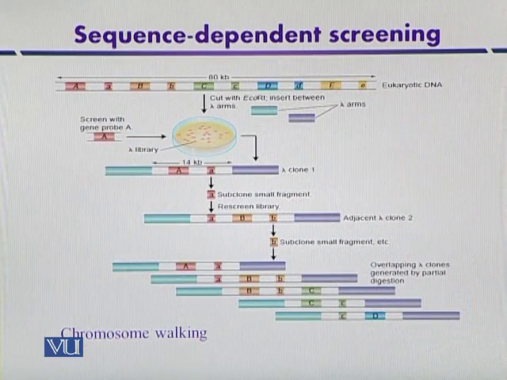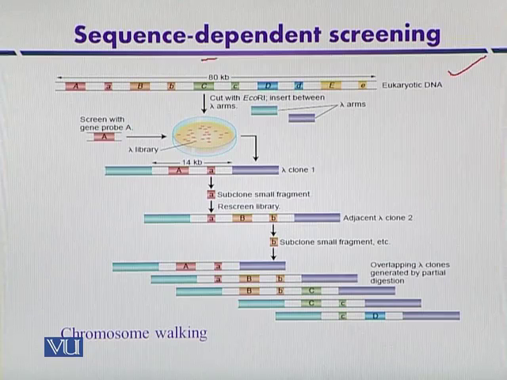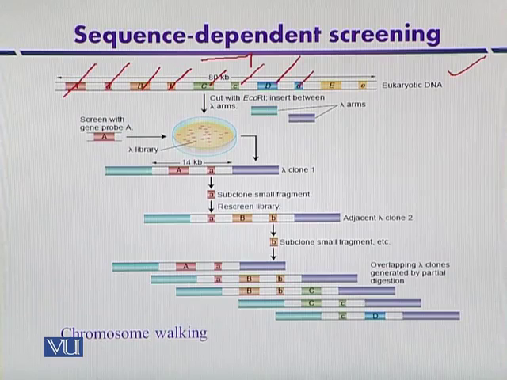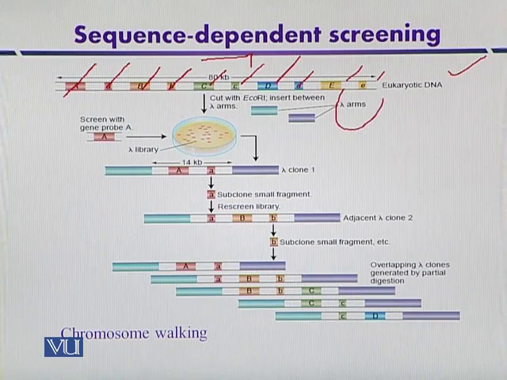Here we have eukaryotic DNA that may be around 80 kilobases in length, and it contains different genes like A capital, A small, B, B small, C, C small, D, D small, E and E small. These can be digested into different fragments with the help of EcoRI enzyme, and these fragments can then be ligated within the arms of bacteriophage lambda.